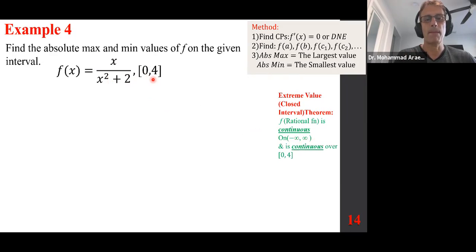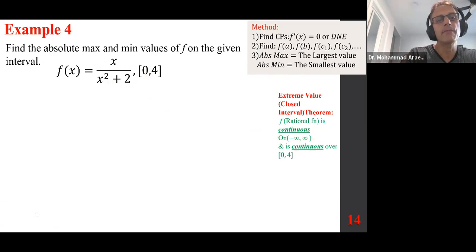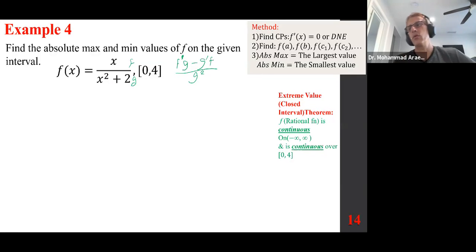Let's differentiate using the quotient rule. So let's say the top is the f function, the bottom is the g function. So we are looking at f prime g minus g prime f over g squared.